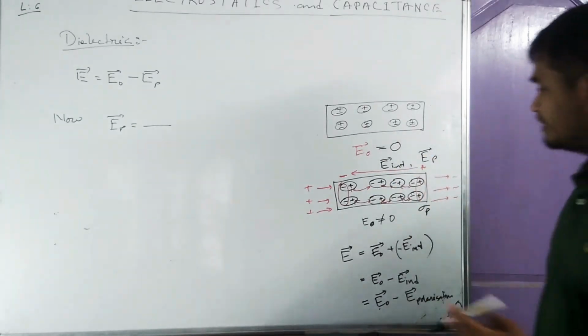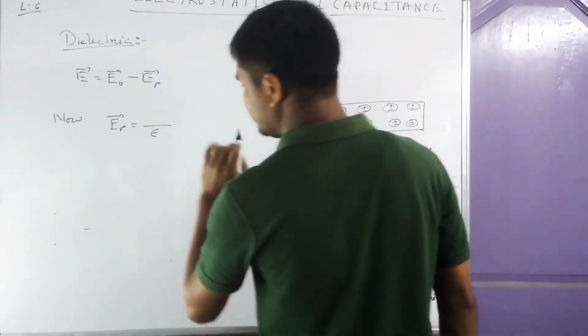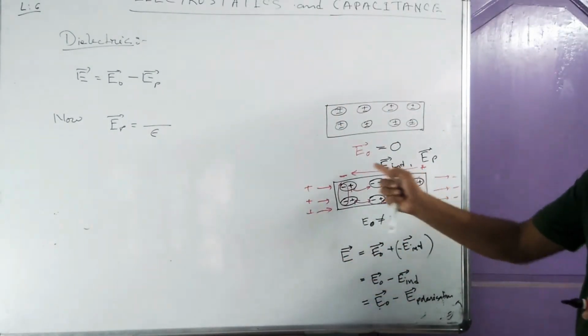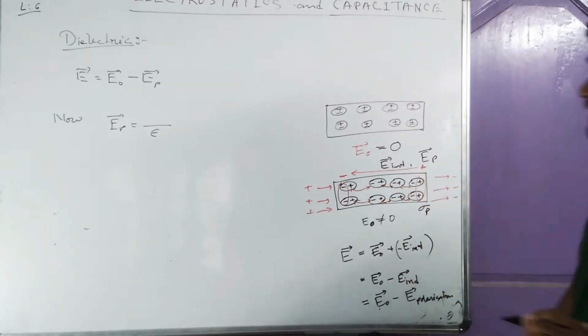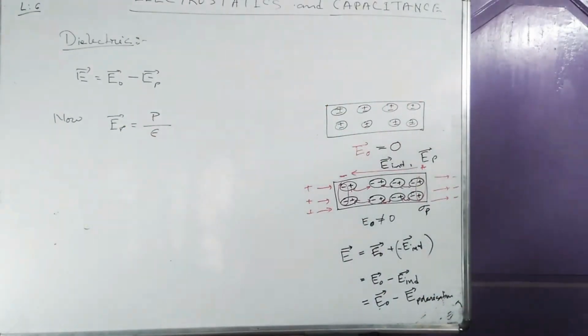Electric permittivity. Epsilon is the electrical permittivity of this dielectric. We can write E polarization is equal to sigma by epsilon.